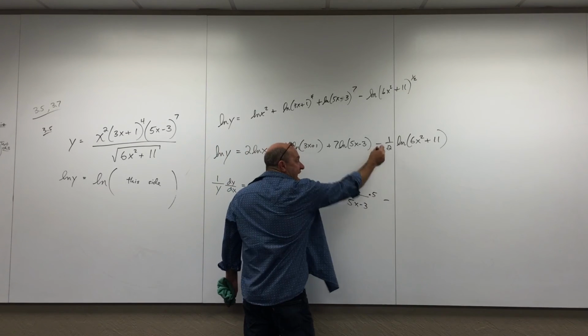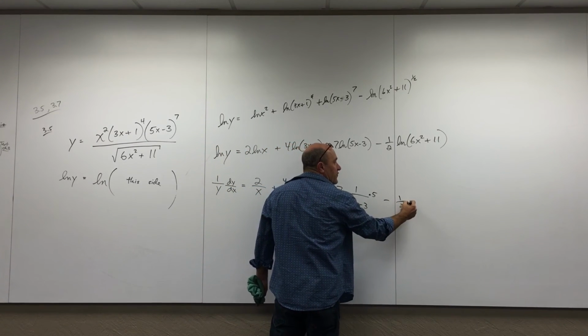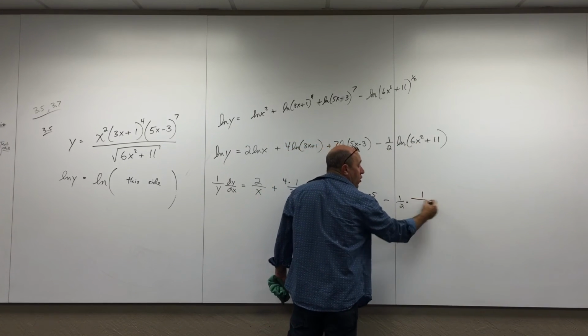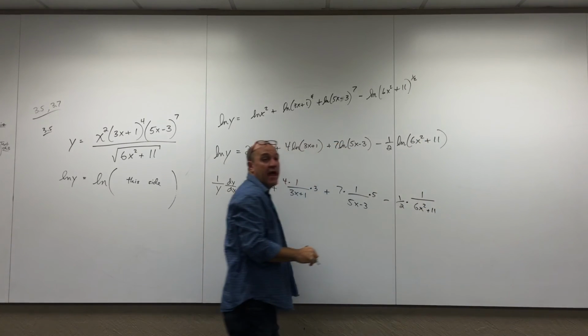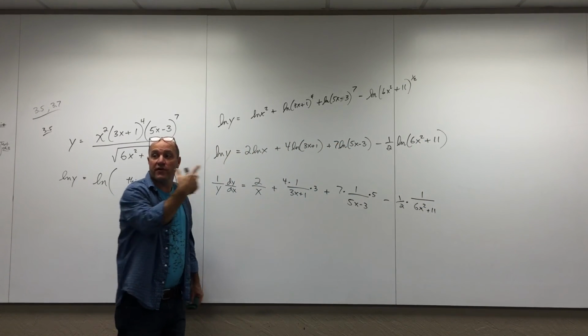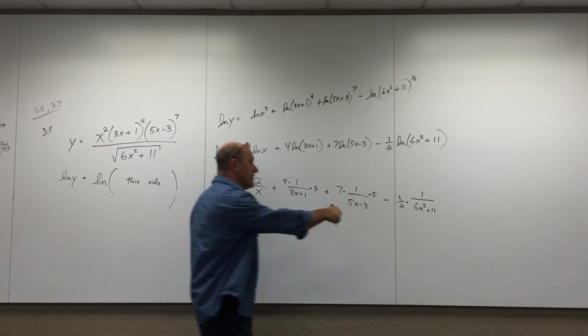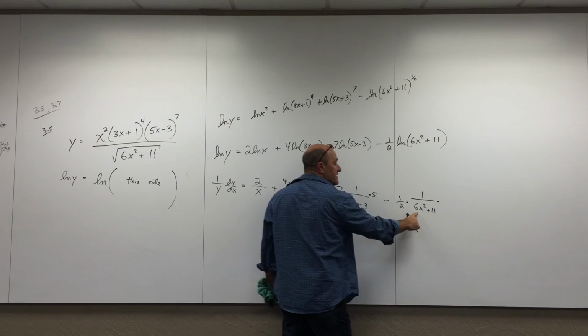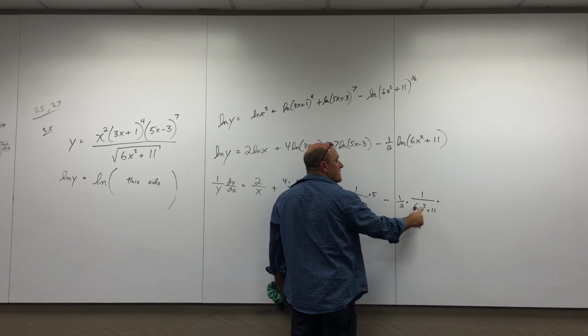And then the 1/2 sits out front, and I do the derivative of this thing, this log. The derivative of all the logs are 1 over whatever's inside the log. That's the derivative of a log. And then the chain rule says the derivative of what was inside that log. Well, this derivative. 6x. 12x. Oh yeah, 12x.